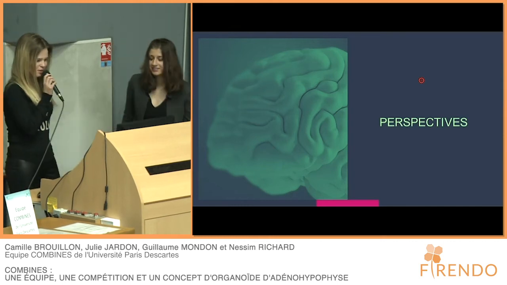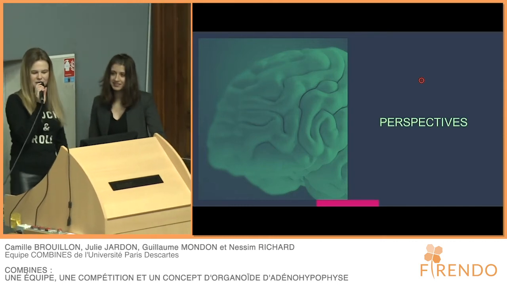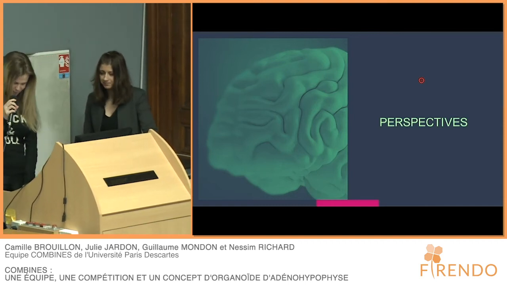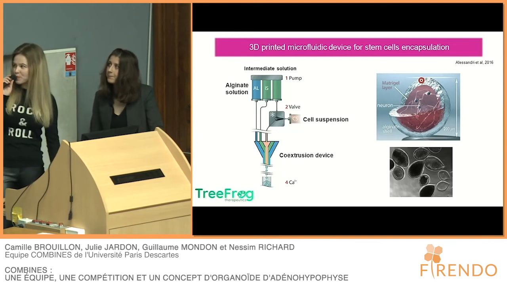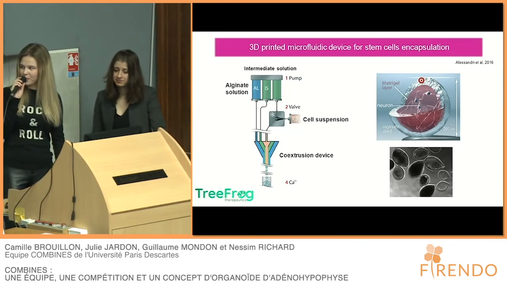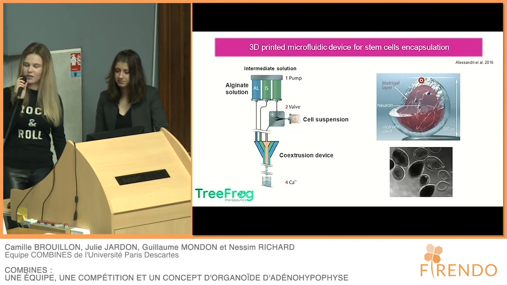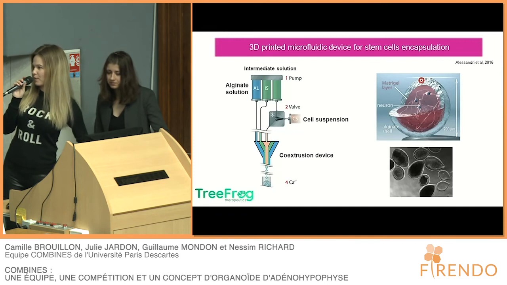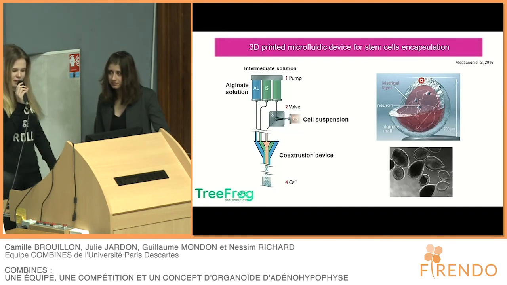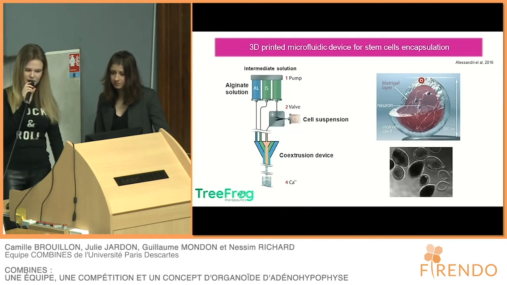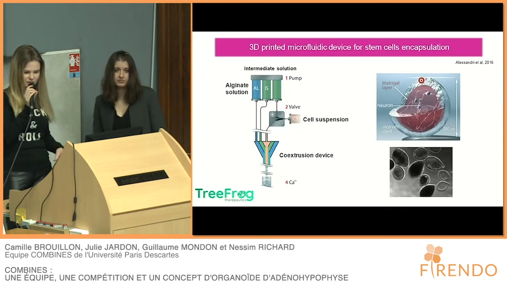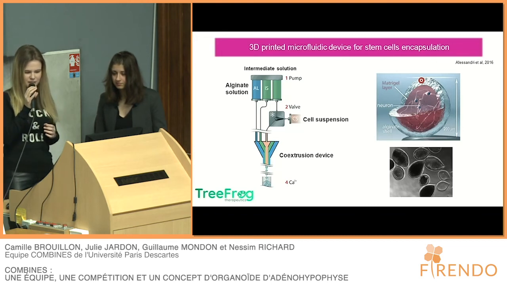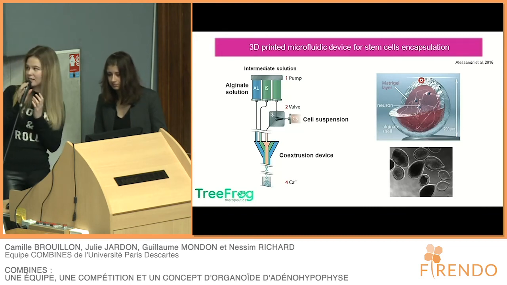So as you all understood, organoids offer really high perspectives. Amongst all those perspectives, Imagine Institute suggested we collaborate with Tree Frog Therapeutics. Tree Frog Therapeutics just created a device involved in the encapsulation of stem cells with a shell of alginate.